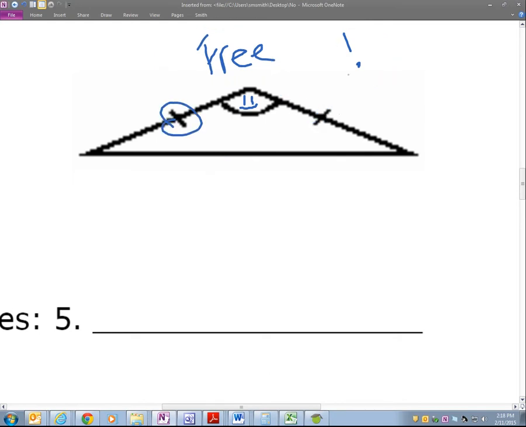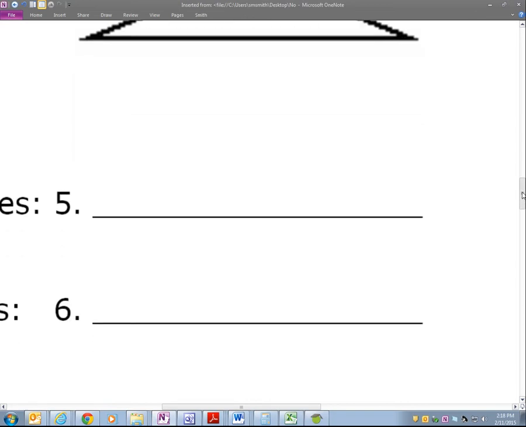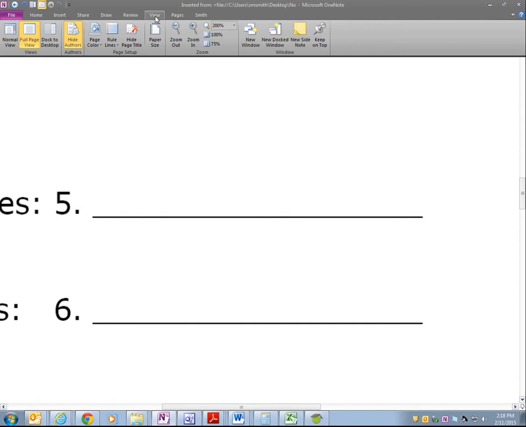What does it mean? What are those lines? Okay, it means that they're congruent. That means that those side lengths are the same length.